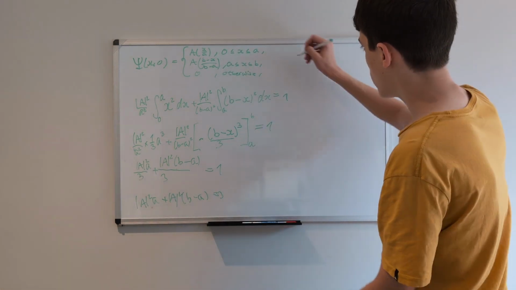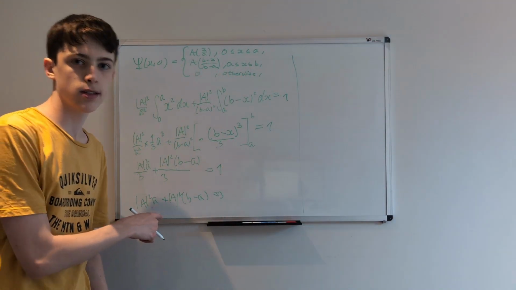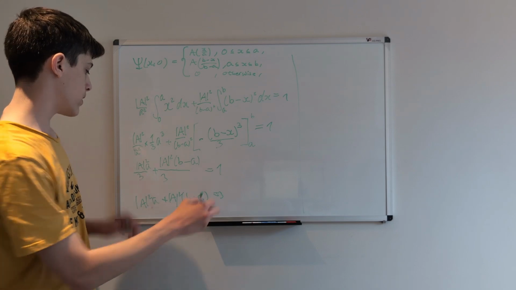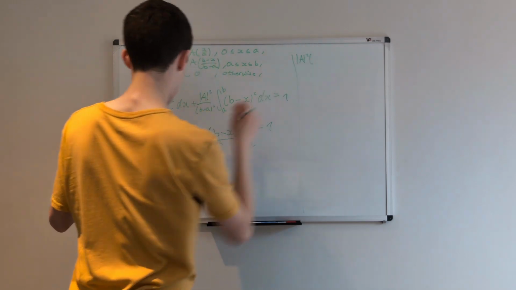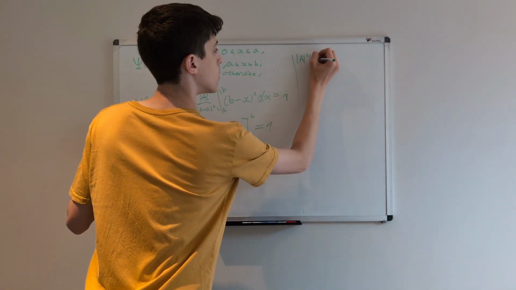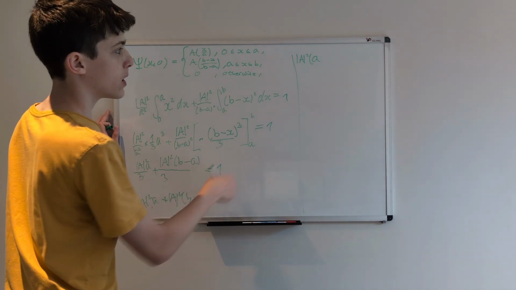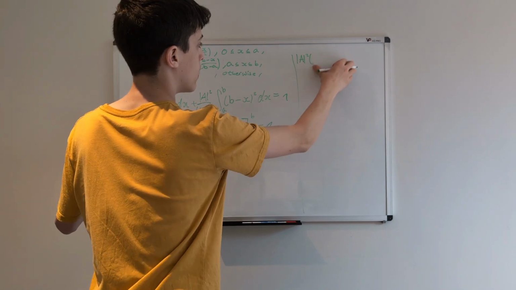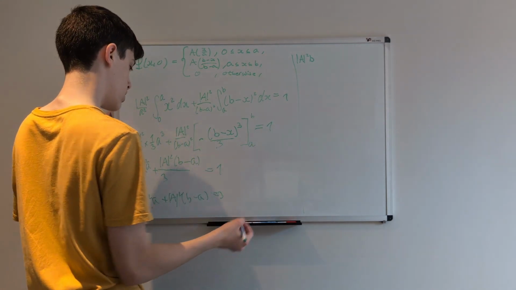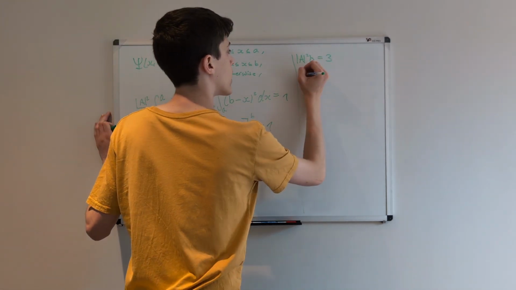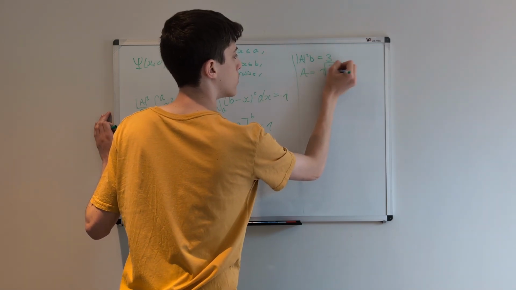So now we can just factorize this statement here, and that'll give us the modulus of A squared times a plus (b minus a), so that just, your a cancels out, so just the modulus of A squared times b equals 3, so you get A equals the square root of 3 over b.